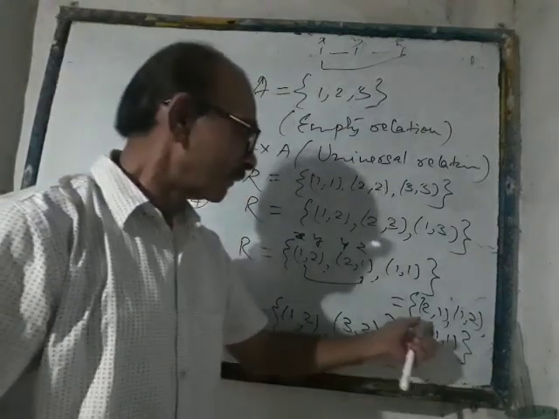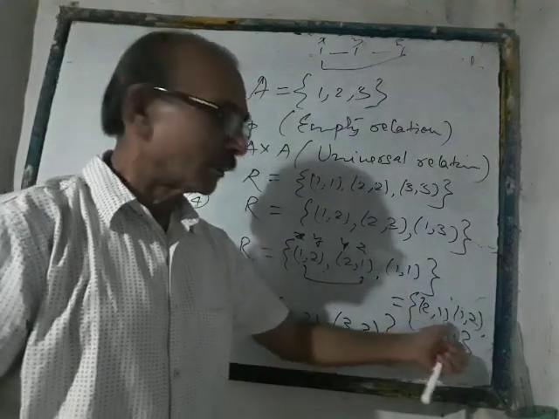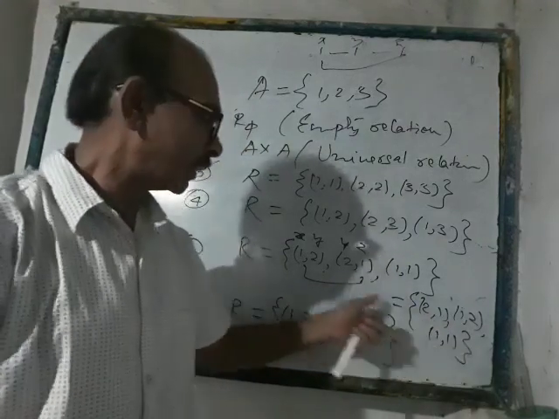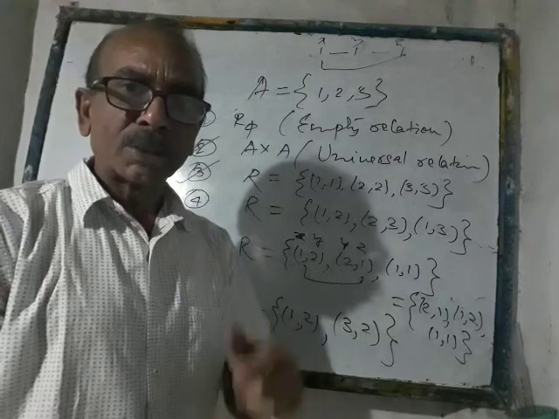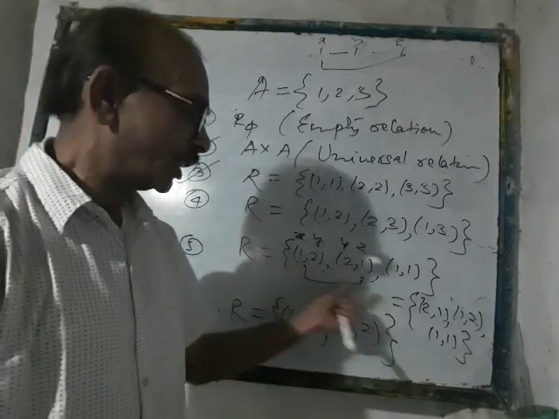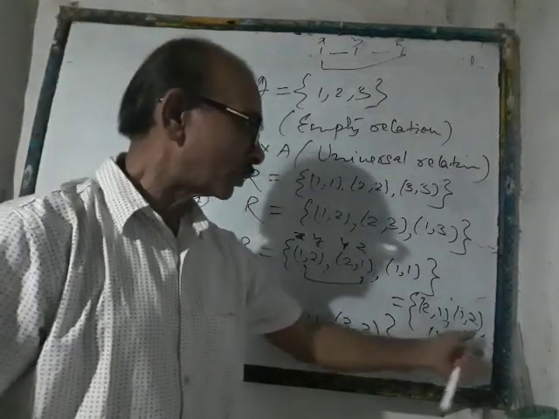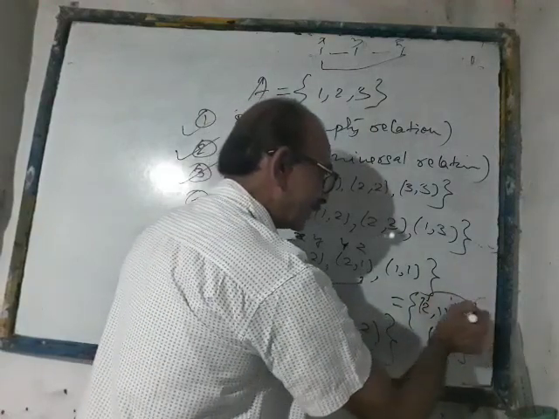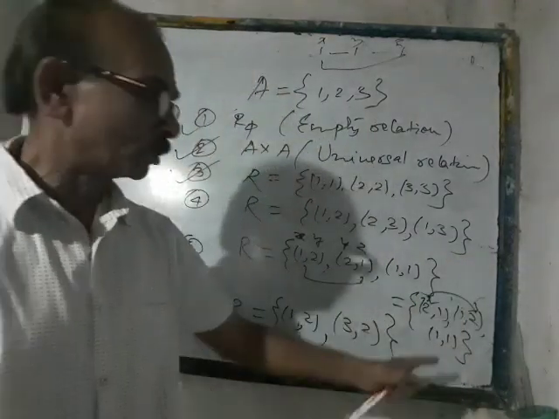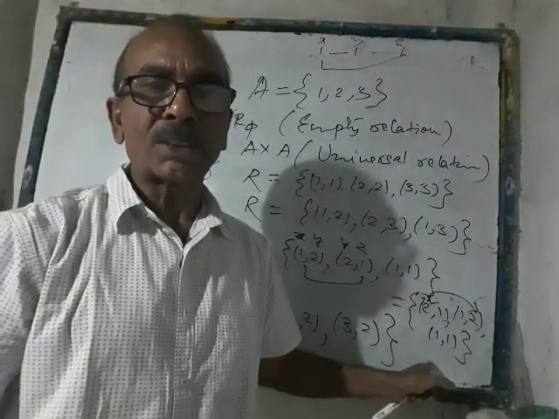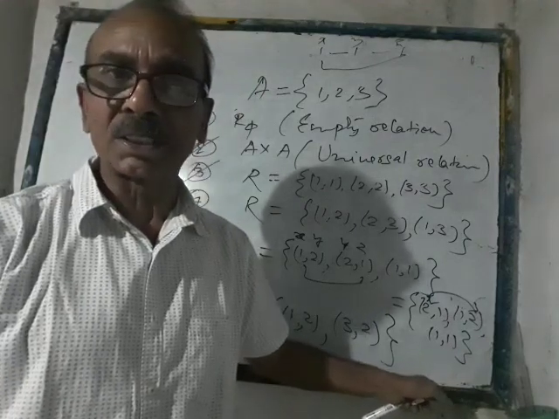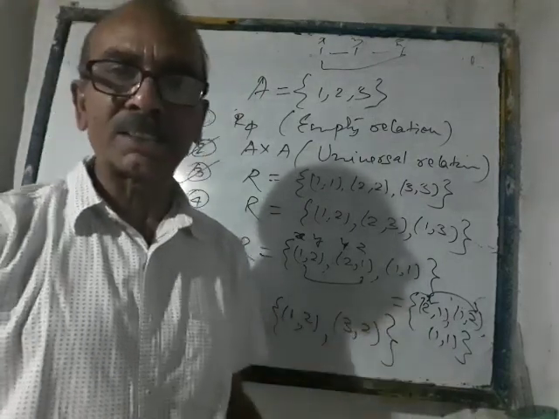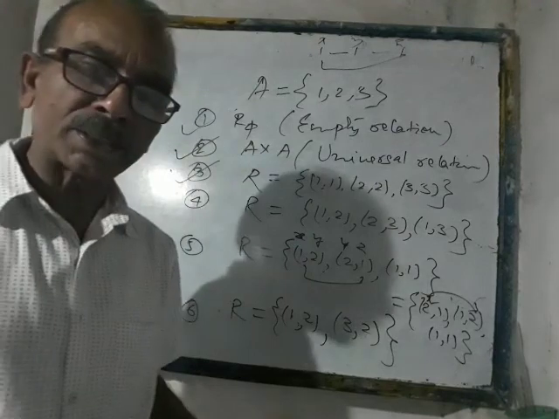So we have written the same set in this way over here, only the elements have changed their places. So 2, 1 and 1, 2 is there. In this case, xz is what? 2 comma 2, and 2 comma 2 is absent in this case, and so we conclude that this is not transitive. So here transitivity is contradicted, and hence it is not transitive.